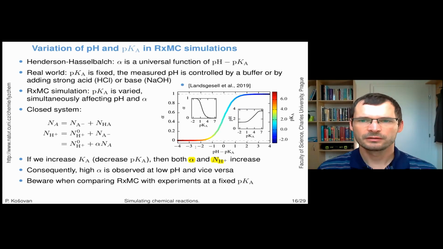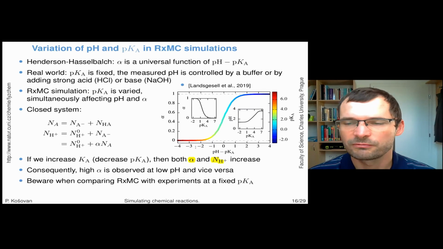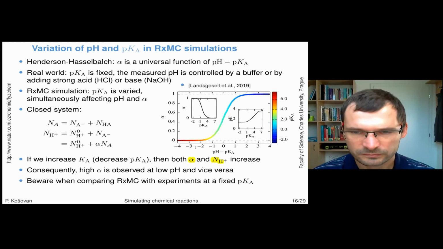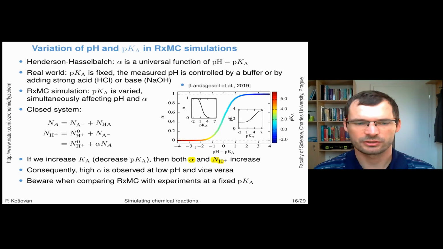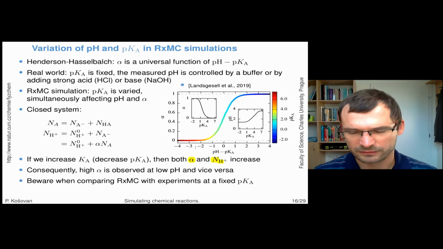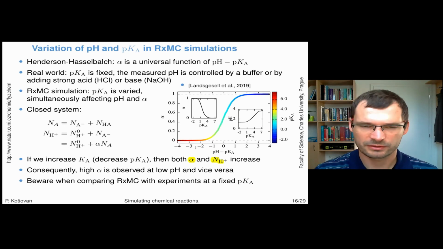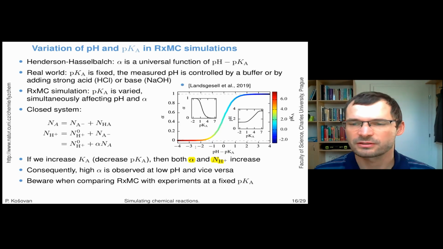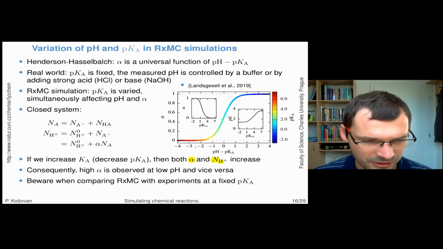However, this statement is only true if we also fix the pK, whereas in the reaction ensemble simulation, we simultaneously vary both. And this results in this apparent contradiction, whereas in reality this is correct, although counterintuitive.